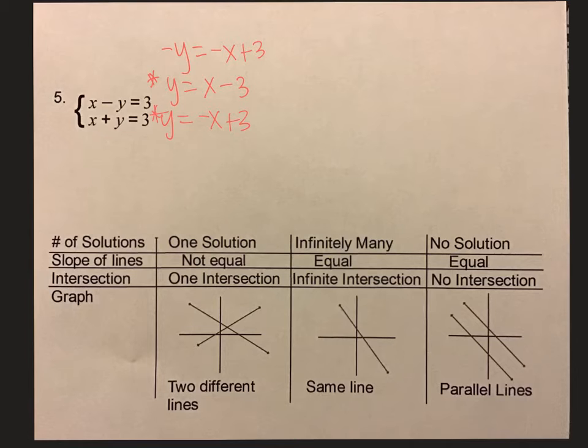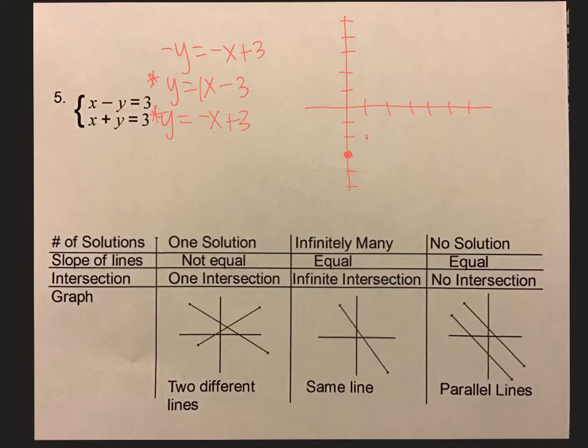So I'm going to set my graph up. My first equation, y equals x minus 3, I'm going to start down at negative 3. I have a slope of 1.